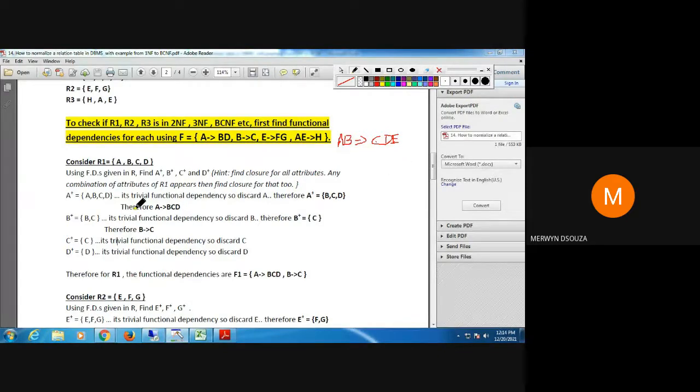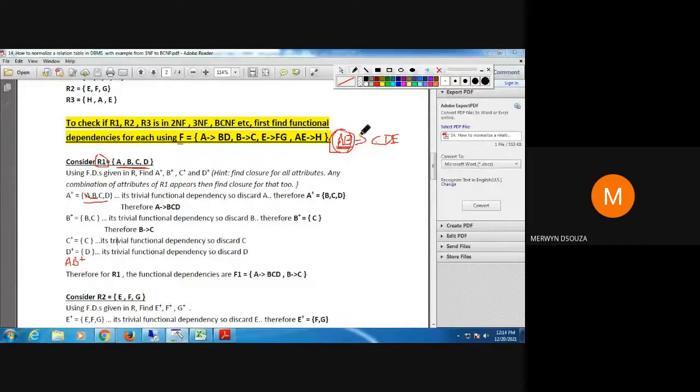Since both attributes of this AB belong to R1, you would have to find the AB closure, because the left hand side in this functional dependency of F belongs to R1.